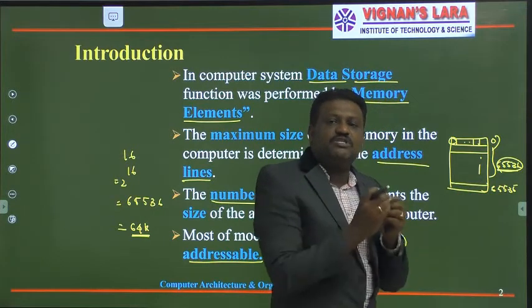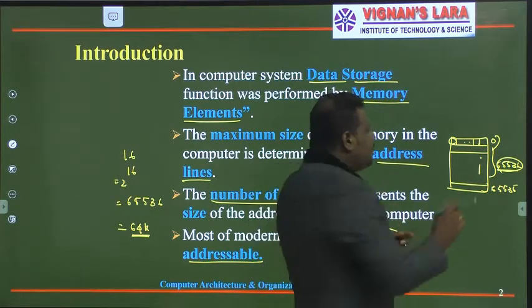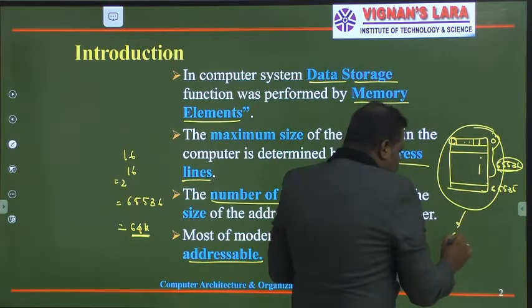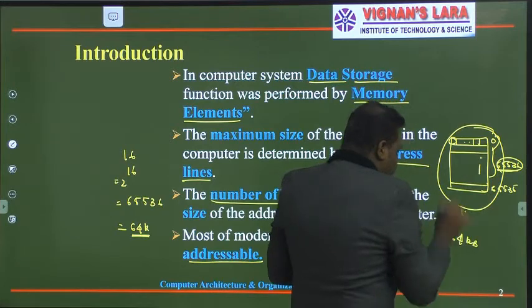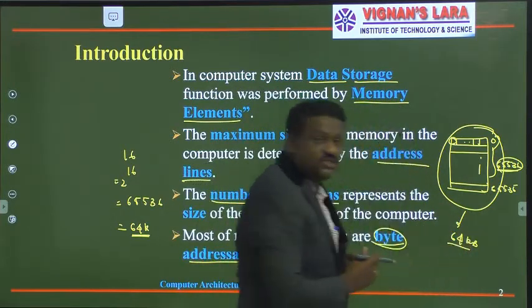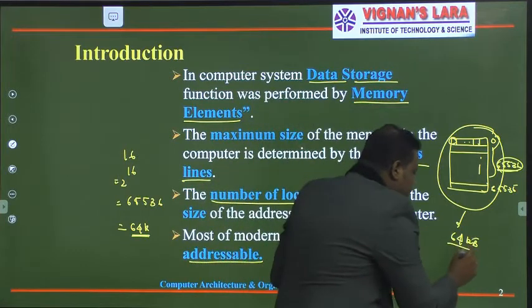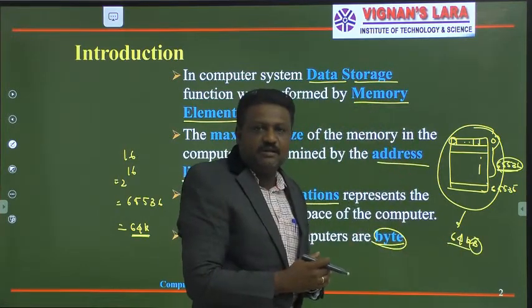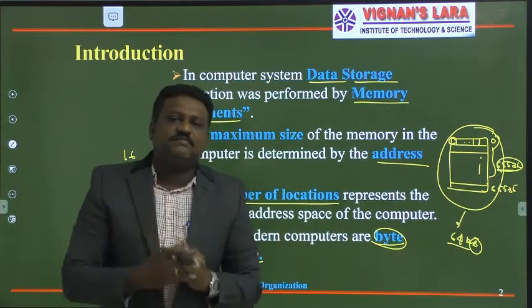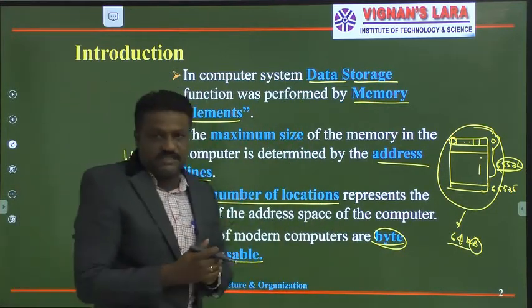Each and every location can hold 1 byte. Then I can call the total size of this memory 64 kilobytes. Because here I have 64K locations, and each and every location can hold 1 byte of information, so the size of this particular memory is 64 kilobytes. That's the meaning of this.